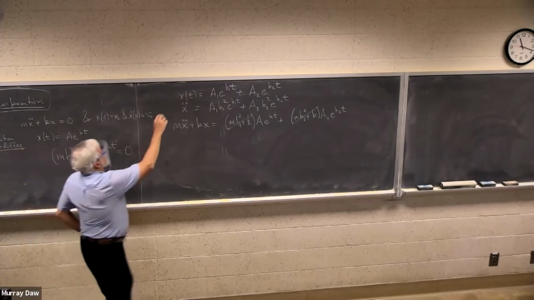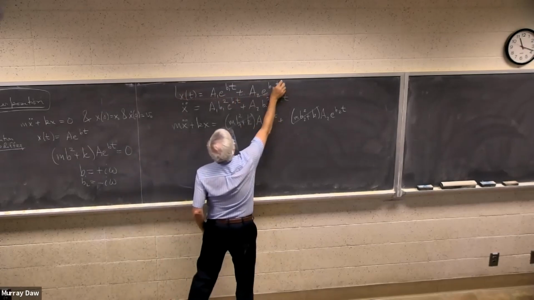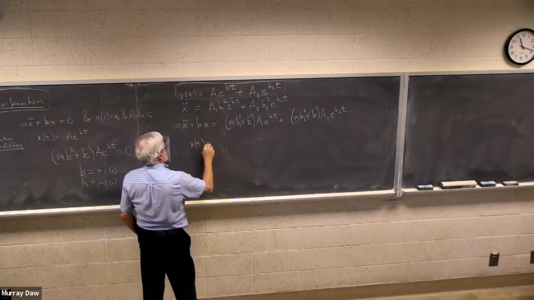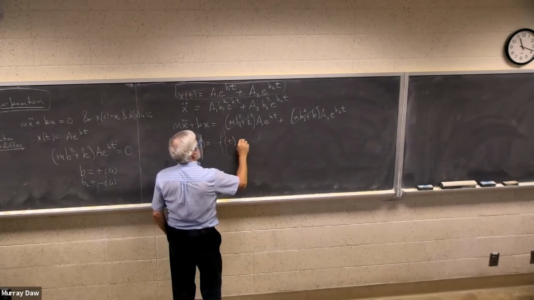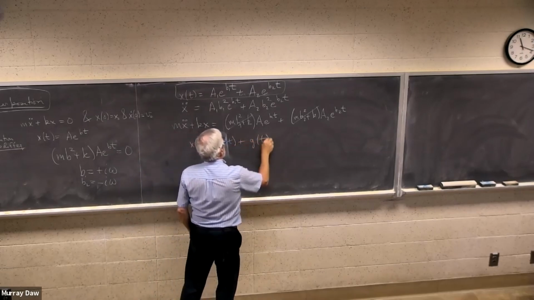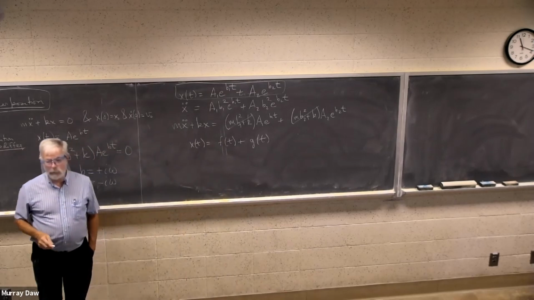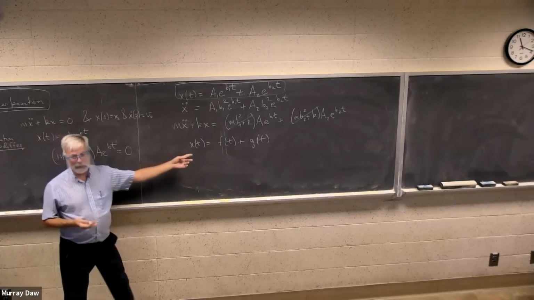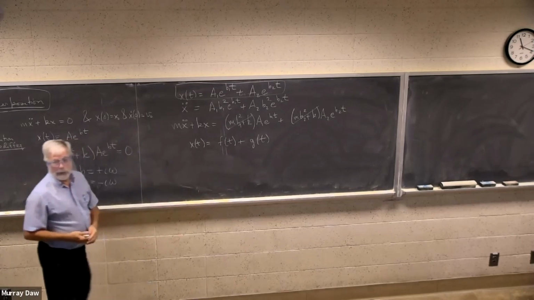Okay, so that's the superposition principle, that in general, if f of t is a solution and g of t is a solution, then the sum will be a solution. And that's because this is part of a general class of equations called linear equations, which is coming from this. I add them together.